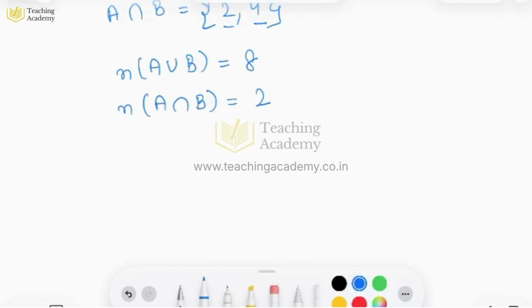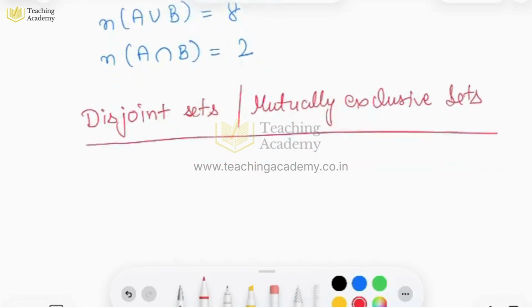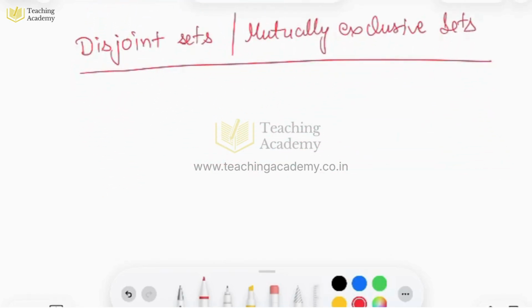Now the next thing is disjoint set, or we call it mutually exclusive set. Mutually exclusive itself means that something is exclusive here, right, which is not common.